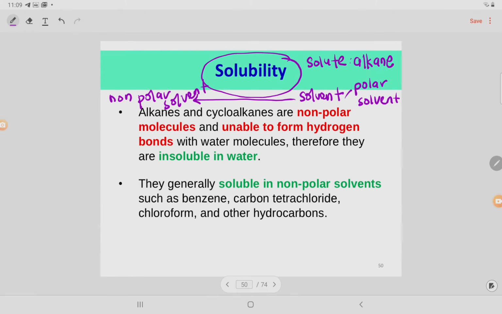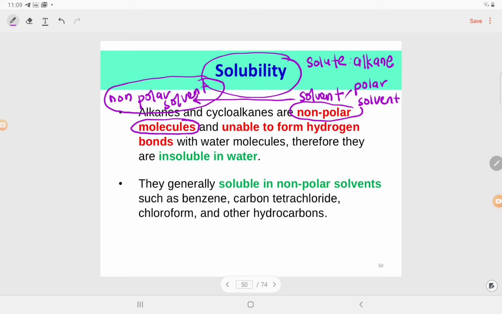Okay, so that we can classify: alkane is a non-polar molecule. So if you want to dissolve an alkane or cycloalkane, which is non-polar, it must dissolve in a similar type of compound, which is a non-polar solvent.